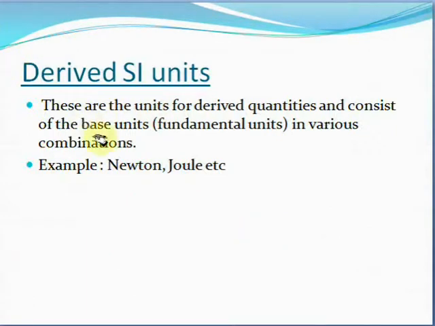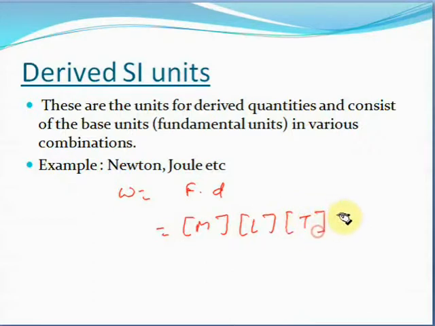Similarly, if we take the example of joule, joule is nothing but the SI unit for work, and we know that work is nothing but force into distance. So force, we have already seen, is M L into t to the power minus 2, and distance is again a base unit, which has the dimension of L, that is the dimension of length.